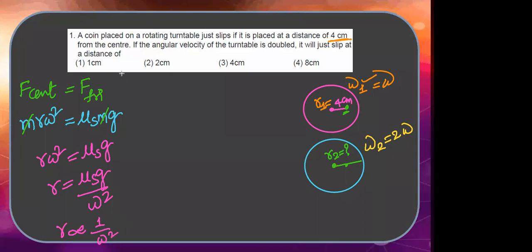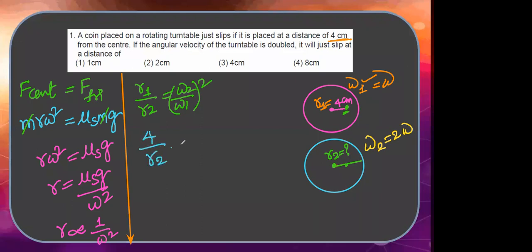Then we write that R1 divided by R2 is equal to omega 2 divided by omega 1 whole square. From this, R1 is taken as 4 centimeters. For R2 we need: 4 by R2 is equal to omega 2, which is 2 omega, divided by omega 1, which is omega, whole square. Both in numerator and denominator omega gets cancelled.